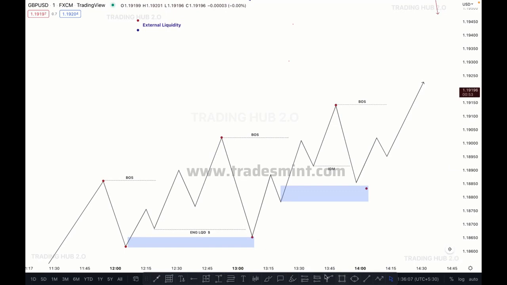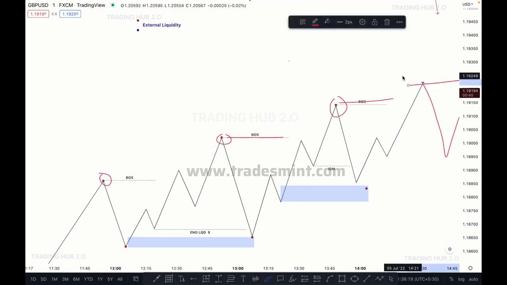So these are all called external liquidity. Every major high or low acts like external liquidity, because once the market takes external liquidity, it takes a pullback, then continues upside taking the minor, or you can say internal liquidity, right?